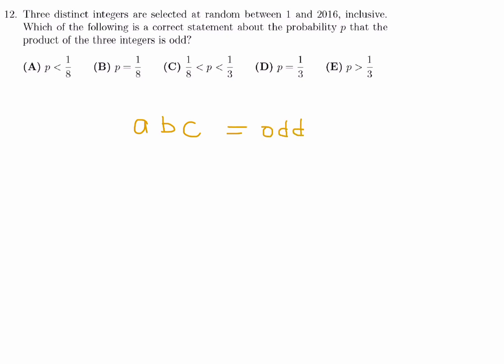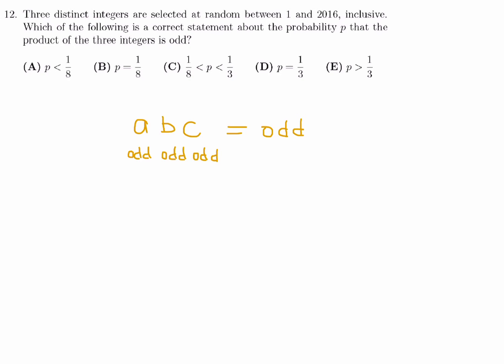Well, the only way for that to happen is if all 3 are odd. Odd, odd, and odd. If you have any other combination, the product will end up being even, like even, even, even, or 1 even, 2 even. Try it out, you'll see that the only way to get a product to be odd for 3 numbers is if all 3 are odd.